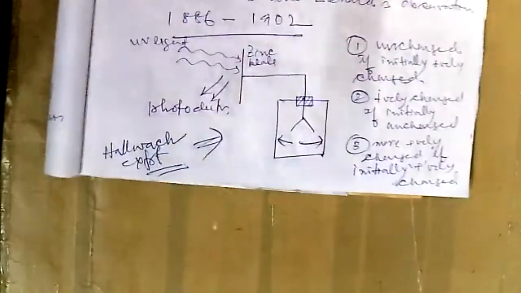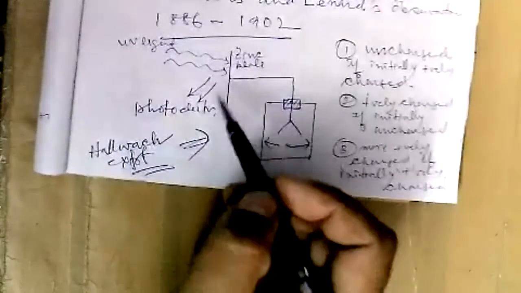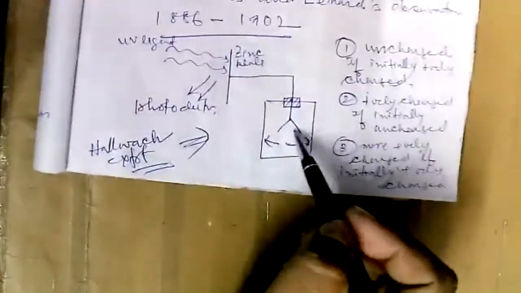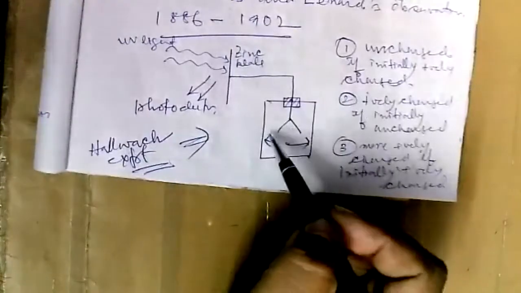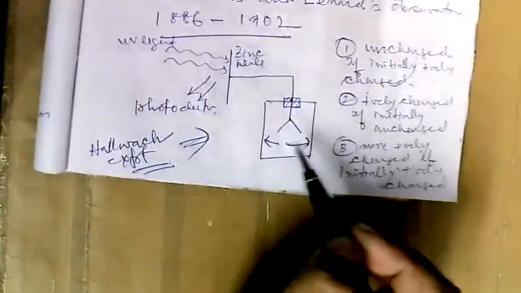Also, there are some experiments done by Hallwachs and Lenard. They used a zinc plate and UV light, then some electrons, photoelectrons, will come out, and it will become positively charged. If it is initially uncharged, then it will become positively charged, and you will see some deflection of the gold leaf.